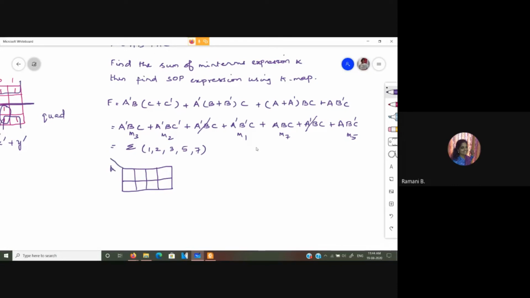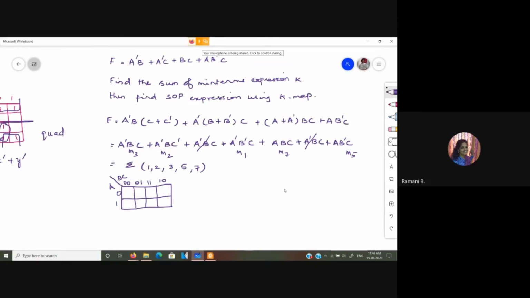So here ABC, so A, B, and C. So this is 0, 0, 0, 1, 1, 1, and 1, 0. This is 0 and 1. Now putting the numbers over there. So this is M1, this is M2, this is M3, this is M5, and this is M7.